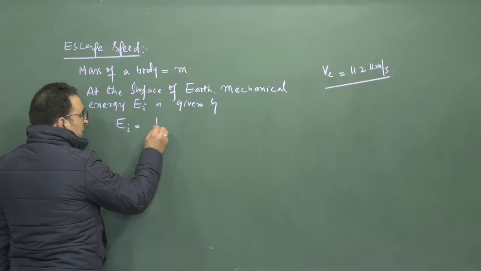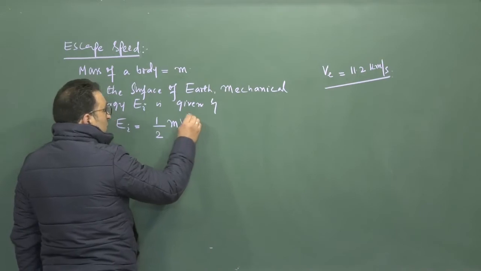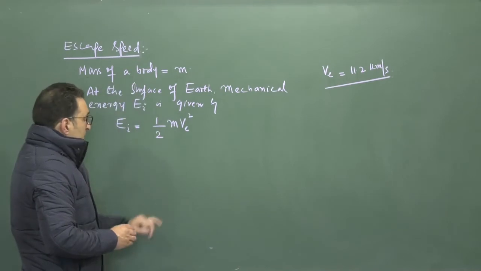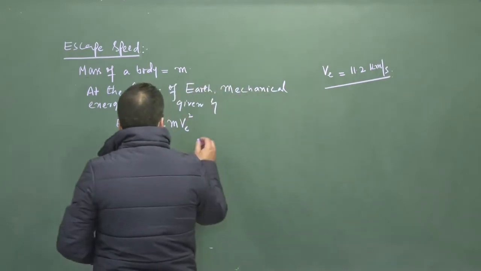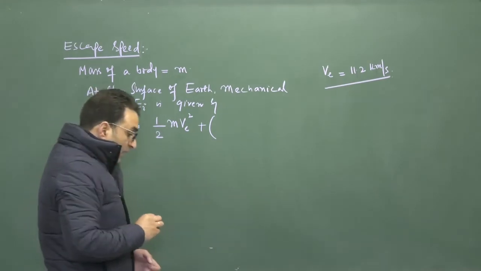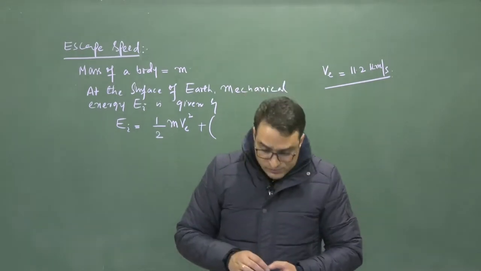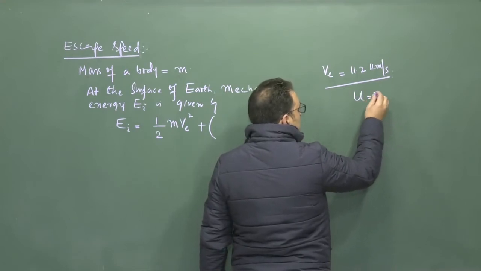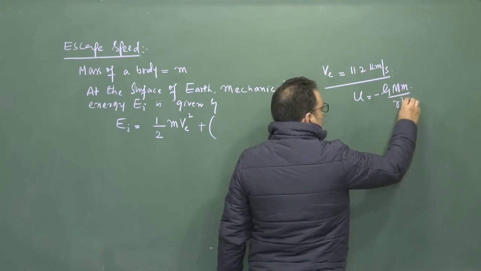Since kinetic energy can be written as half of m v_e square, where m is the mass of the body which has to escape the gravitational field of Earth, and v_e stands for the escape speed, plus the gravitational potential energy. In the last lecture, we derived the expression for the gravitational potential energy on the Earth's surface, minus G M m by r.